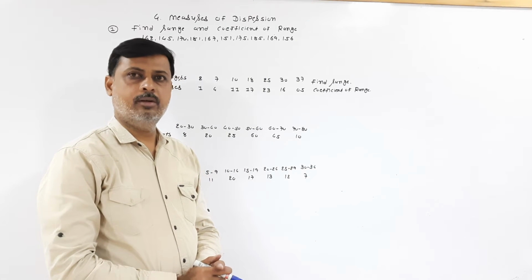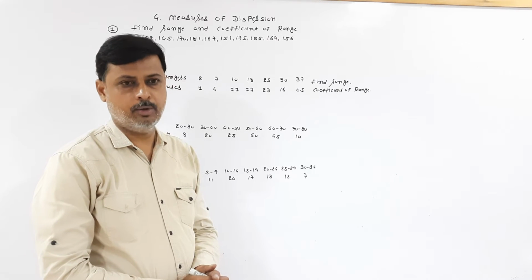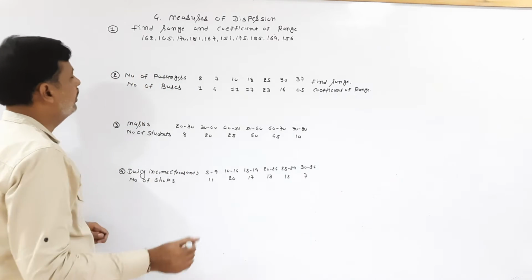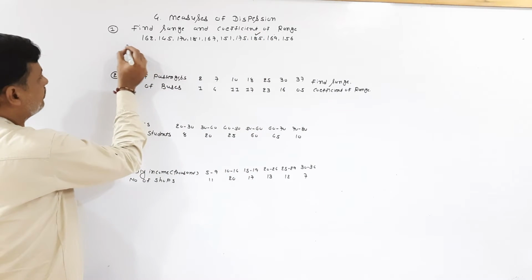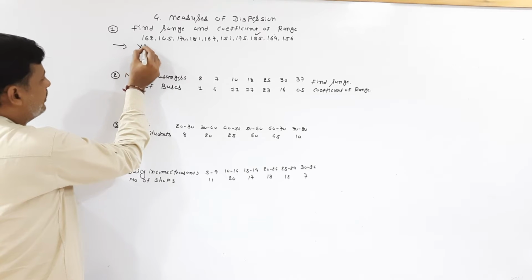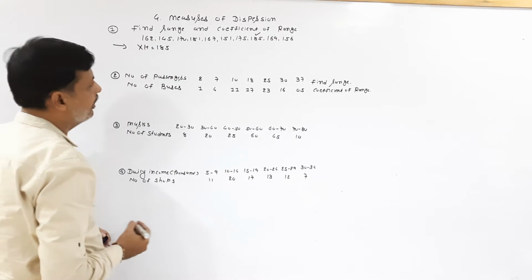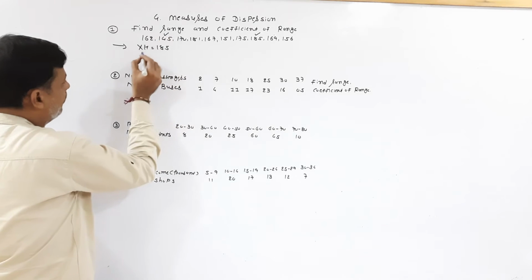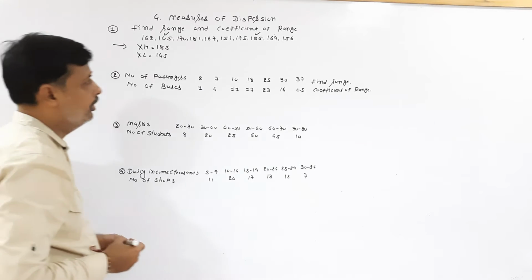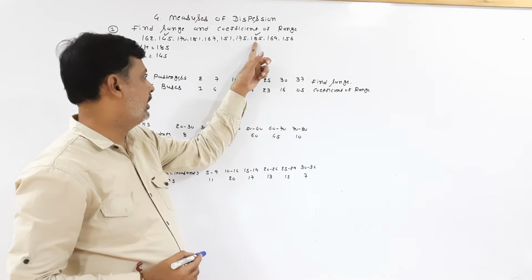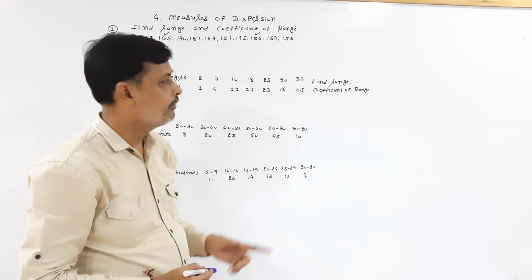First we have to find the highest observation and the lowest observation. Here the highest observation XH is 185, and the lowest observation is 145.